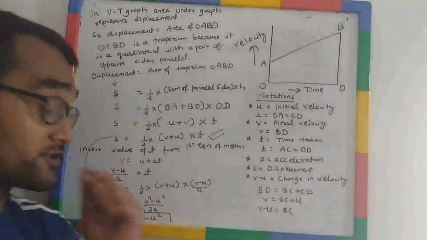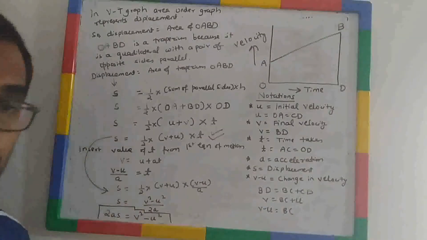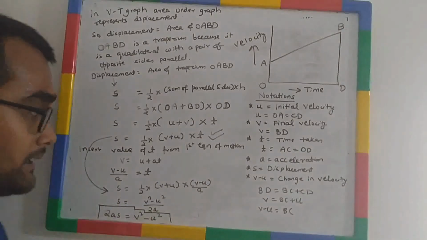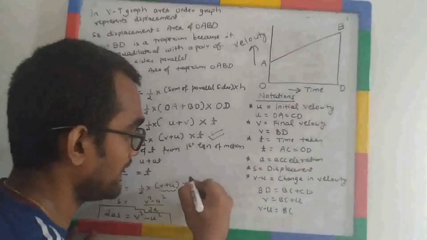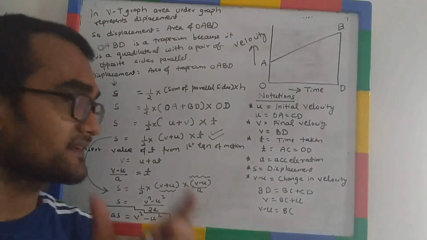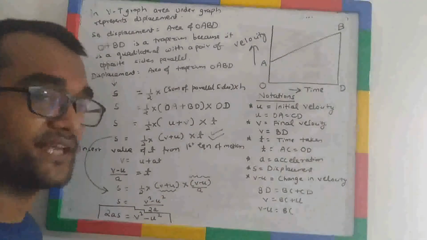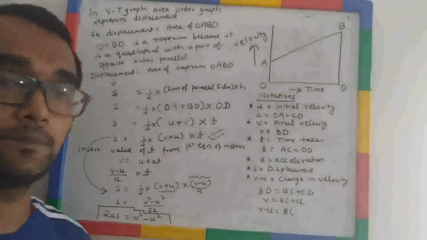But I want to tell you one more thing, why I wrote v square minus u square, how it came. As you can see, this is v plus u and this is v minus u. In maths, there is an identity that a plus b into a minus b is equal to a square minus b square.